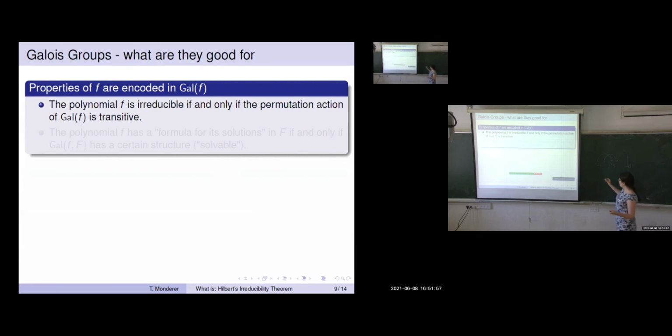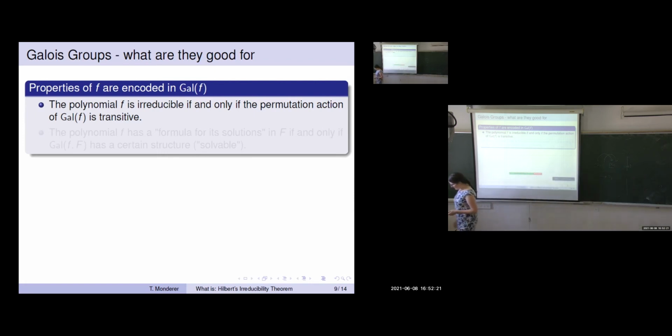Transitive means that if we have a group acting on these alpha 1 to alpha n, we always have an element of the group that sends any alpha i to any alpha j. So we can go from any one root to any other root.